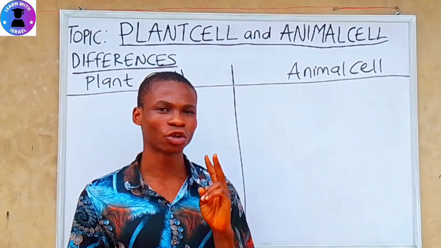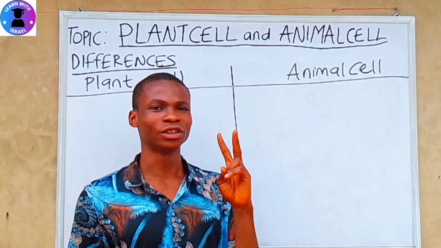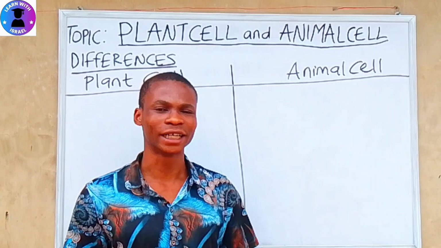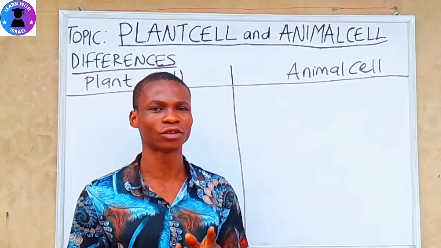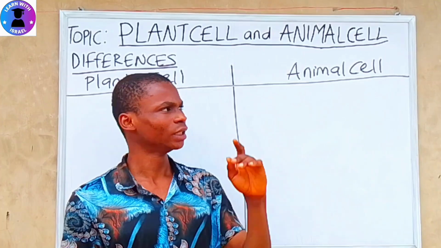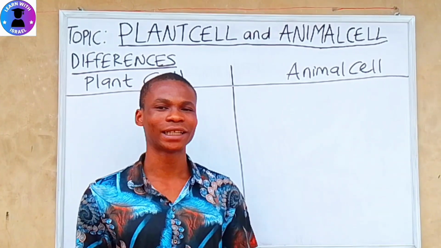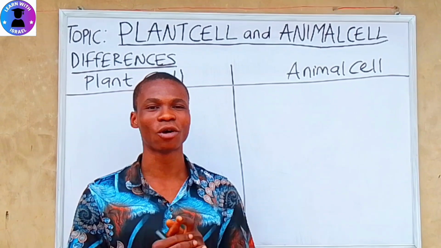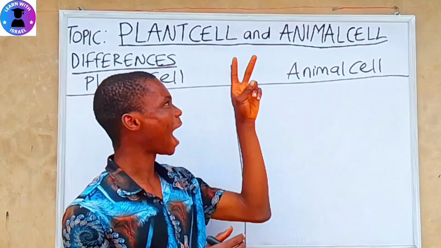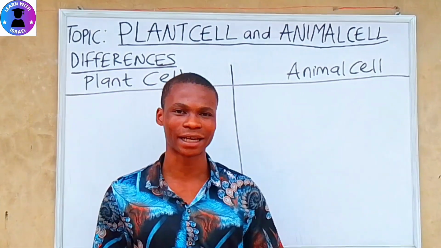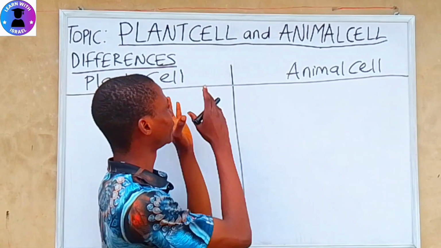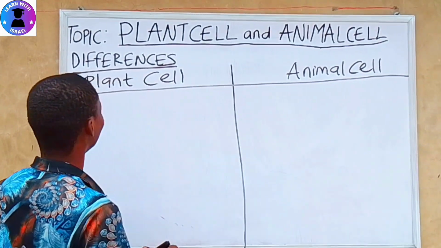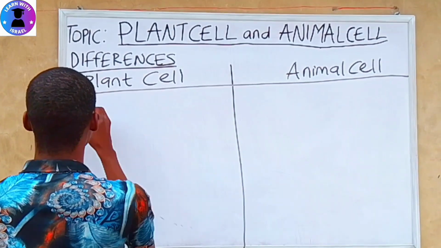There are also two which I didn't mention: endoplasmic reticulum and Golgi apparatus. Both are present in plant and animal cell. So guys, let's dive into this, plant cell and animal cell.